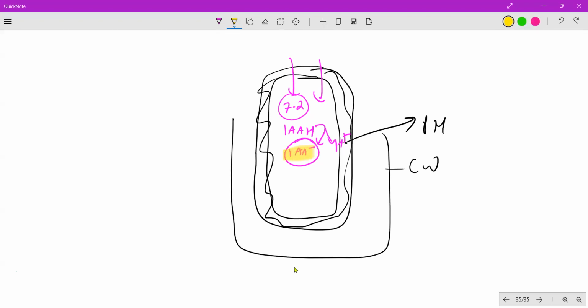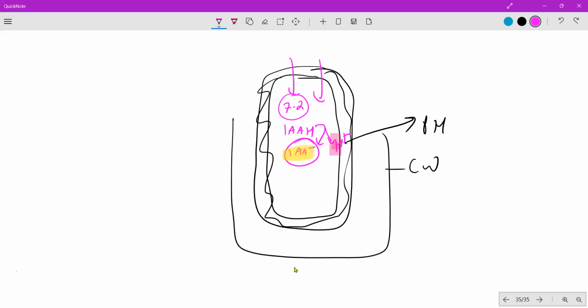Most of the auxin inside the cell, inside the cytosol is present as what? This is present as IAA negative. Am I clear? क्योंकि protonated form will also give its proton, क्योंकि alkaline environment.